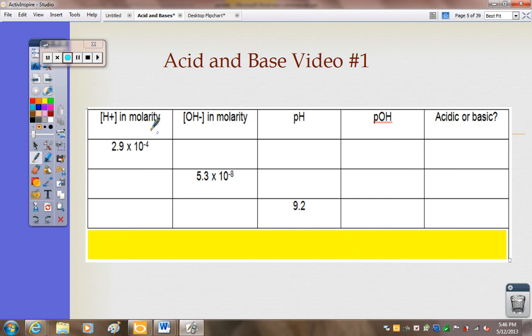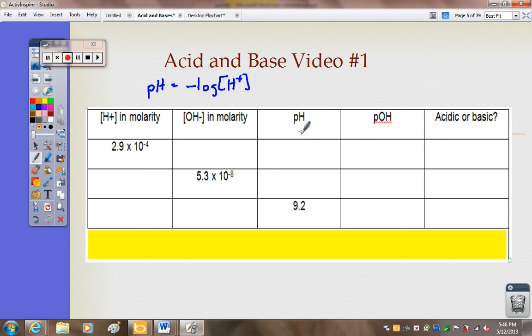If you have an H+ ion concentration of 2.9 times 10 to the negative 4th, you should be able to find out the other 3 missing variables. Knowing one, you can get the rest. So H+ ion concentration, we know that pH is equal to the negative log of H+ ion. So we're going to plug this into the formula and solve for pH.